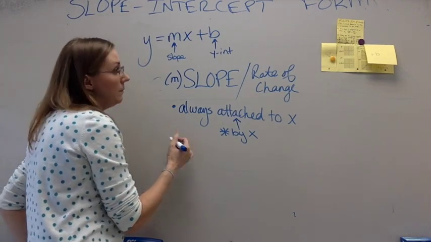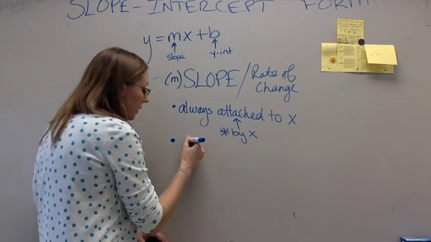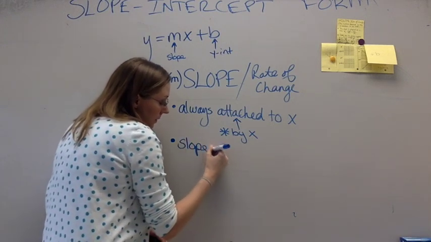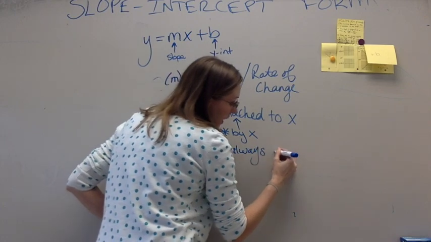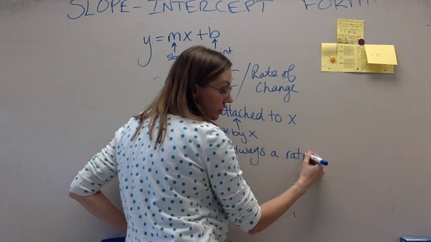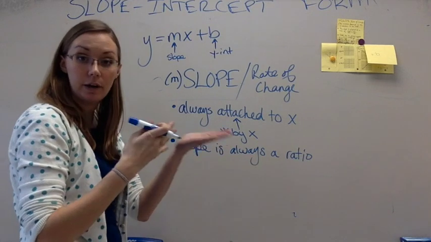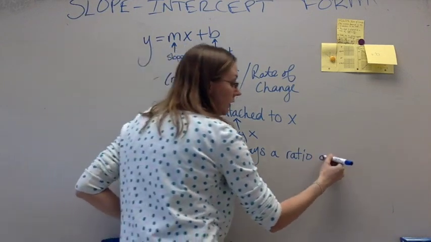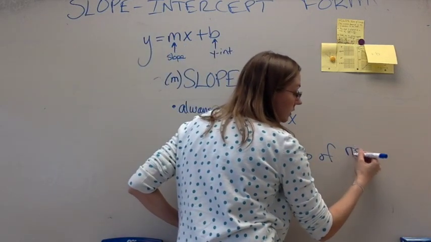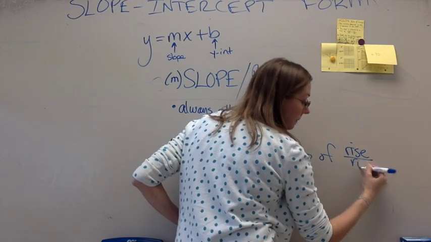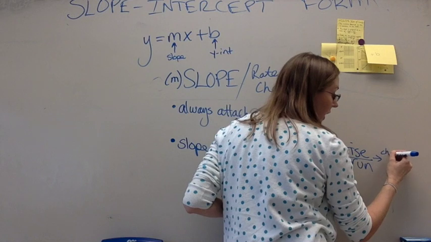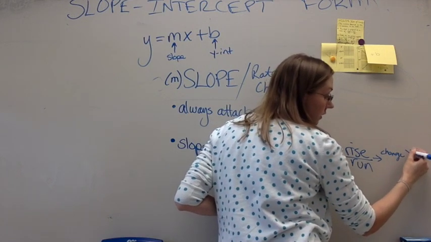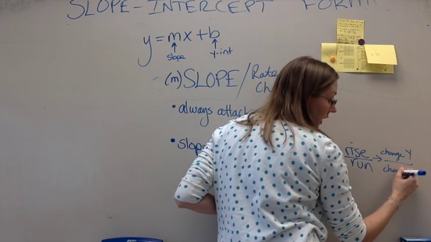In addition to that, slope is always a ratio, and ratio is just a fancy way of writing a fraction, okay? It's comparing two things, of rise over run, okay? So it's seen as your change in y over your change in x.